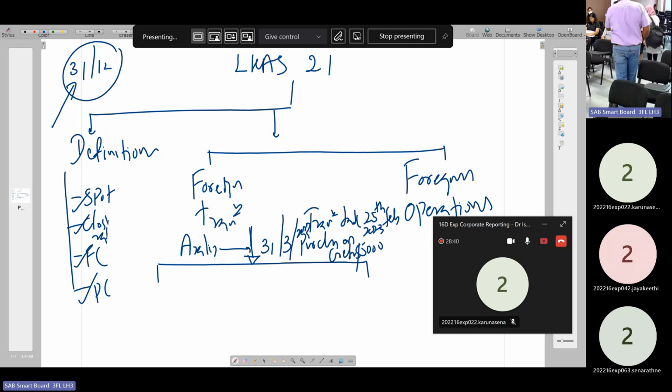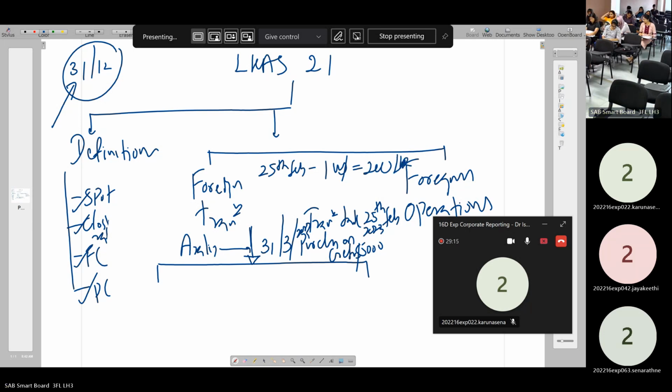On this day, do you need to translate into LKR? Yes. The transaction date rate is the spot rate. We should convert. I should give you the rate. On the transaction date, 25th of Feb, 1 US dollar equals 200 LKR.